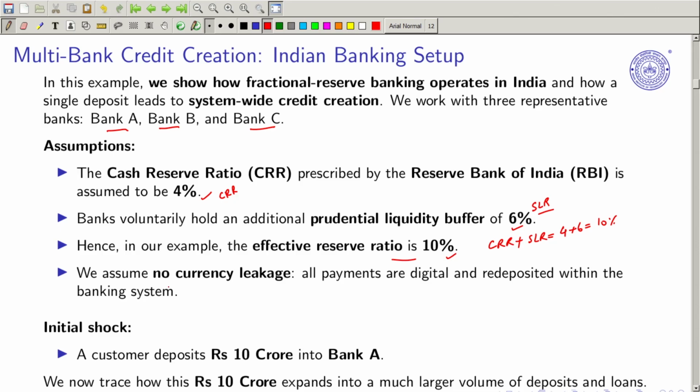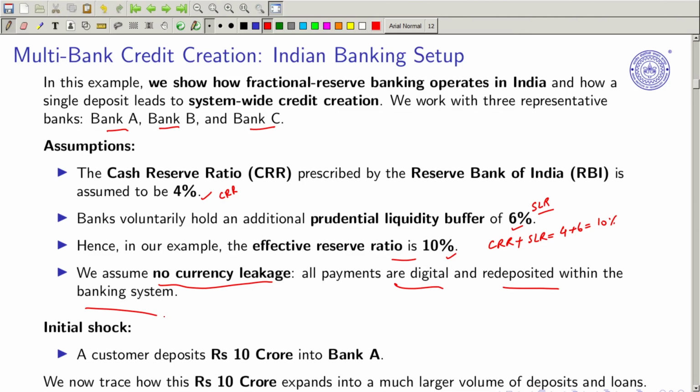As I mentioned, money in the system only creates liquidity when it circulates. If you have hard cash kept at home without earning any interest, that has no money multiplier effect or creation of money. All payments are digital and redeposited within the banking system. This is the key for understanding.